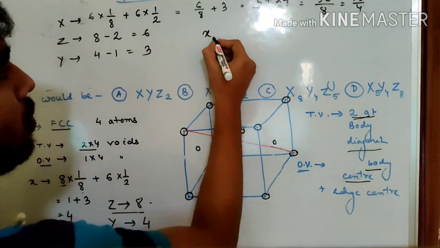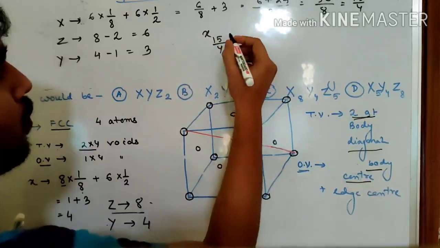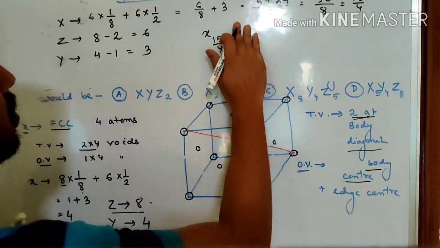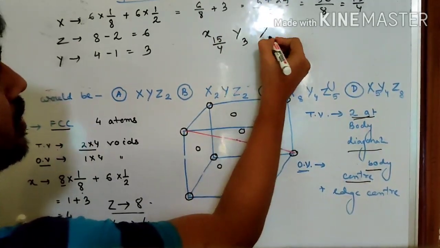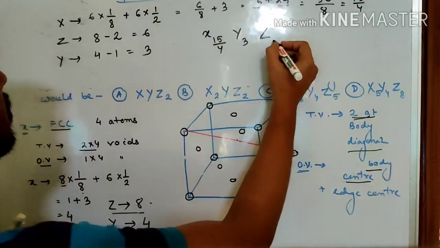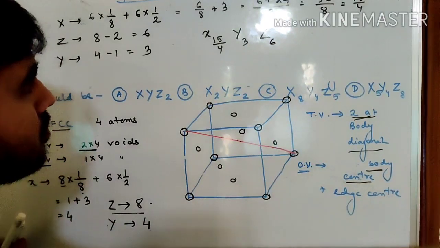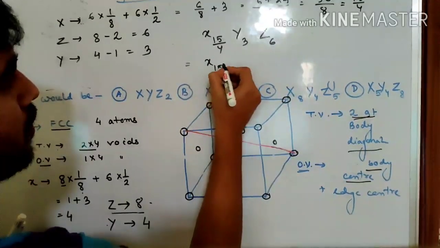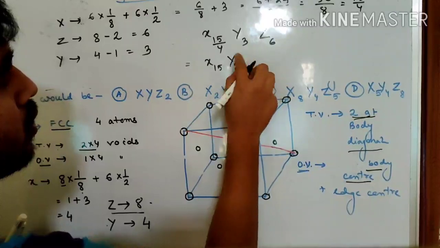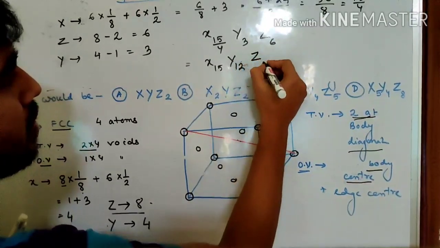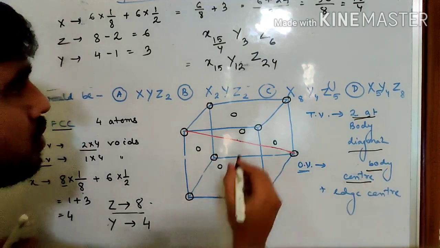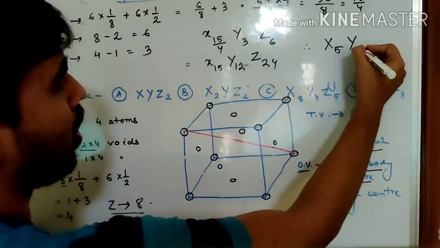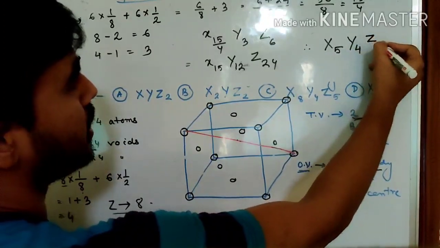So now the new formula will be X 15 by 4, Y 3, Z 6, which is X 15, Y 12 and Z 24, which means X 5, Y 4, Z 8.